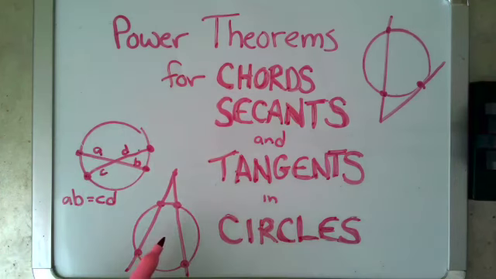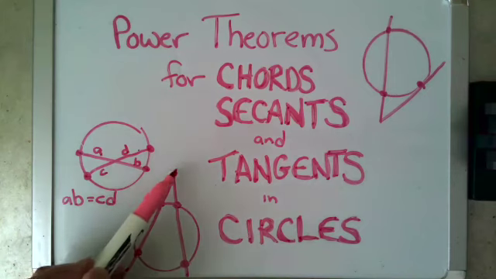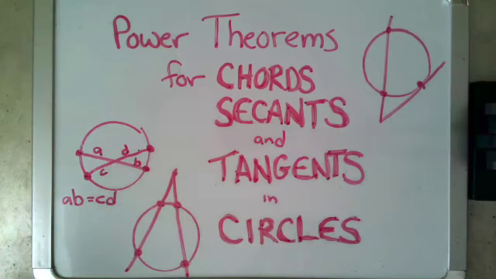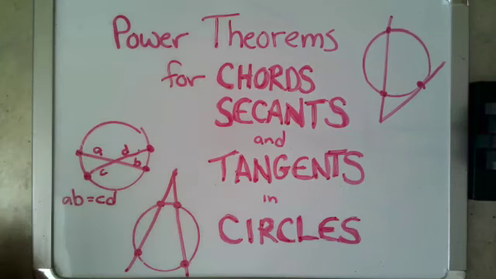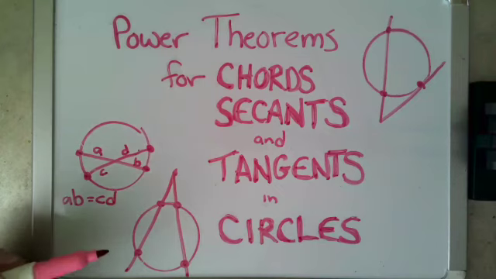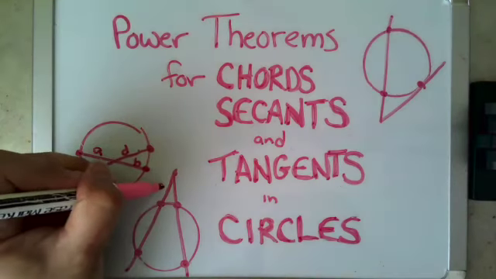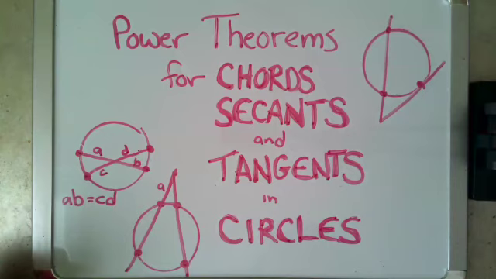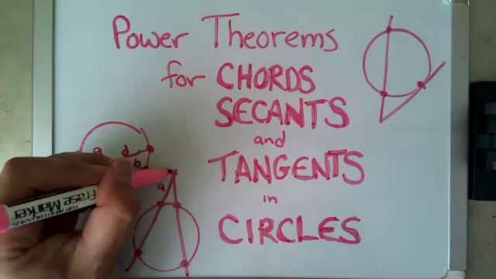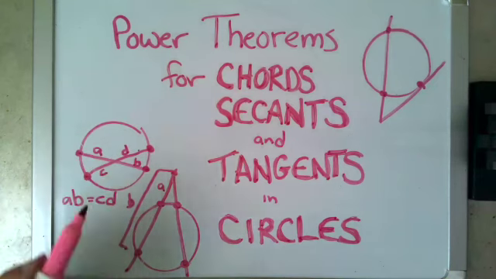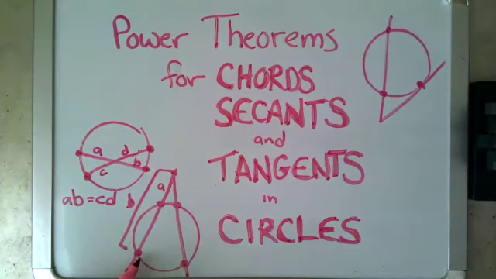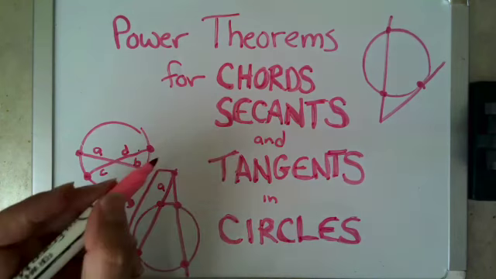Okay, moving down here, these are called secants. They're both originating from a point outside the circle, and then they pass through the circle. And so the rule for the secant is as follows. If you multiply the portion outside the circle times the entire distance from the outer point to the point on the circle, then that will be the same if you do the same proportion with this secant.